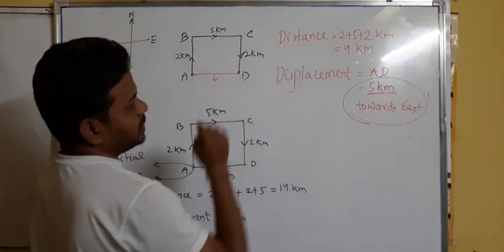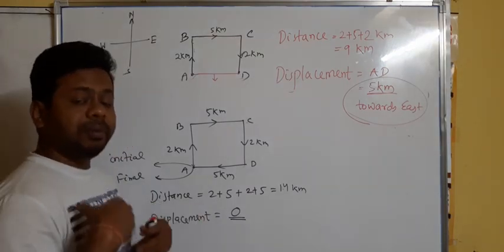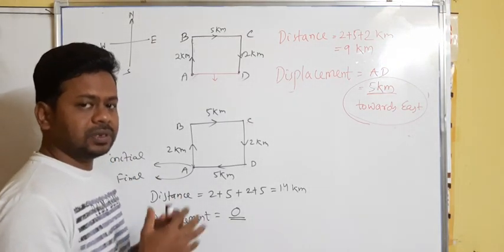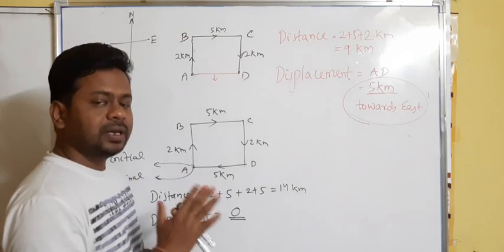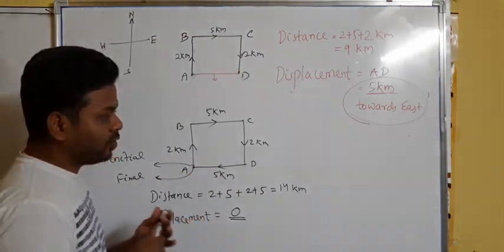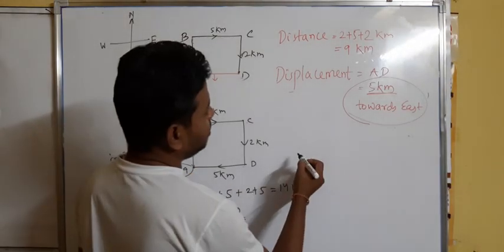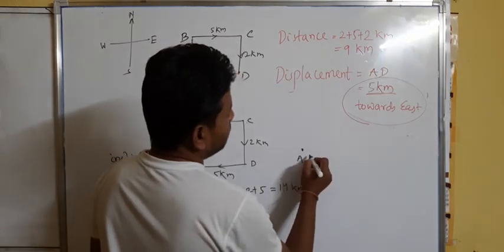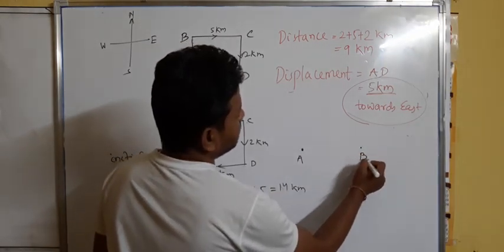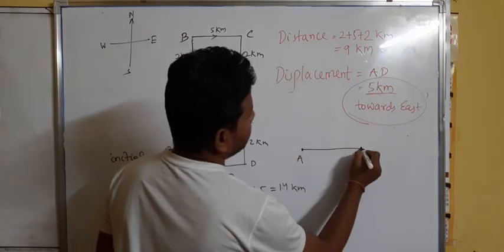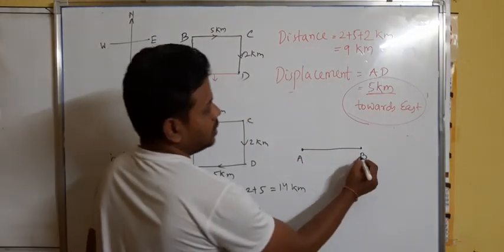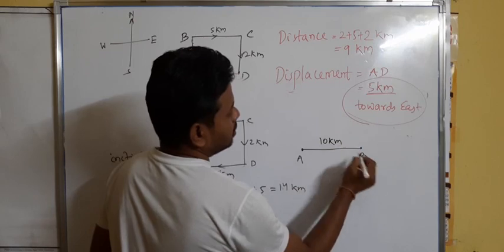But distance and displacement may be the same. Sometimes distance and displacement become equal, and when will that be? They will be equal if the object moves from A to B in a straight path, say 10 km.